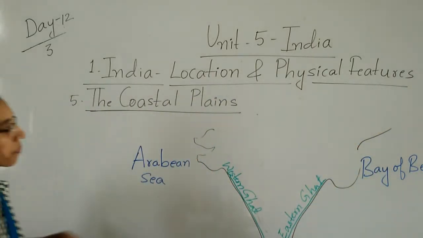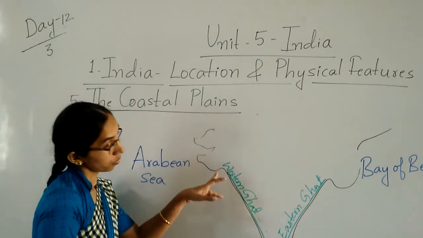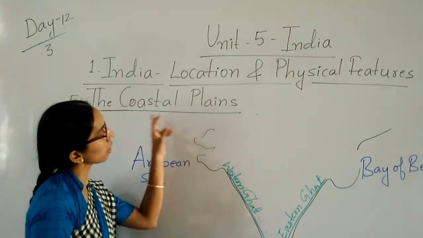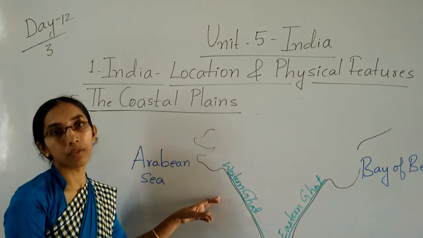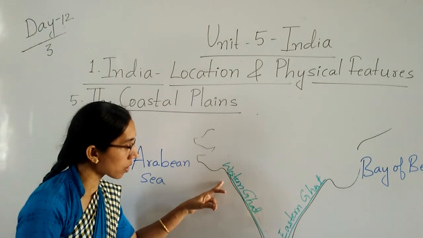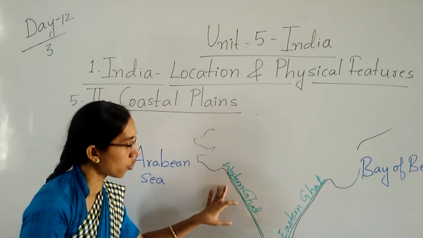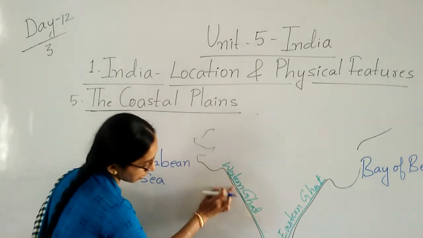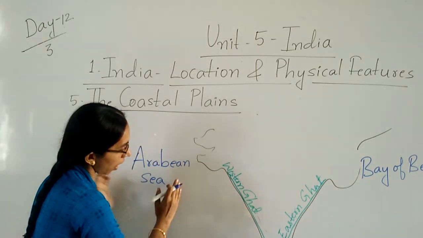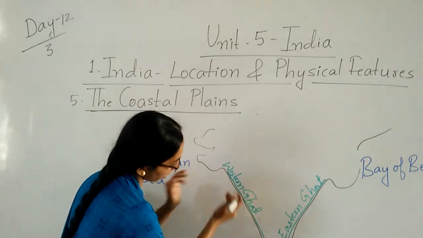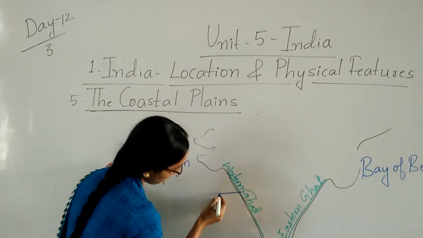Here you can see it is the Western Ghat. So the western coastal plain, what is it called here? The western coastal plain is situated between the Arabian Sea and the Western Ghat.